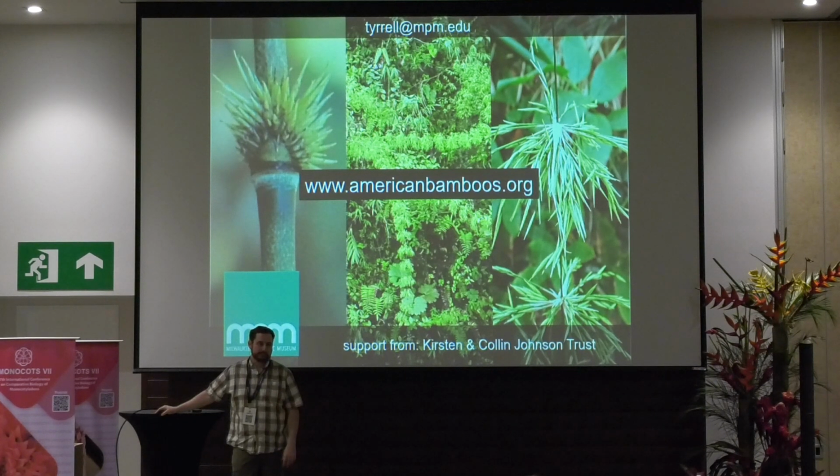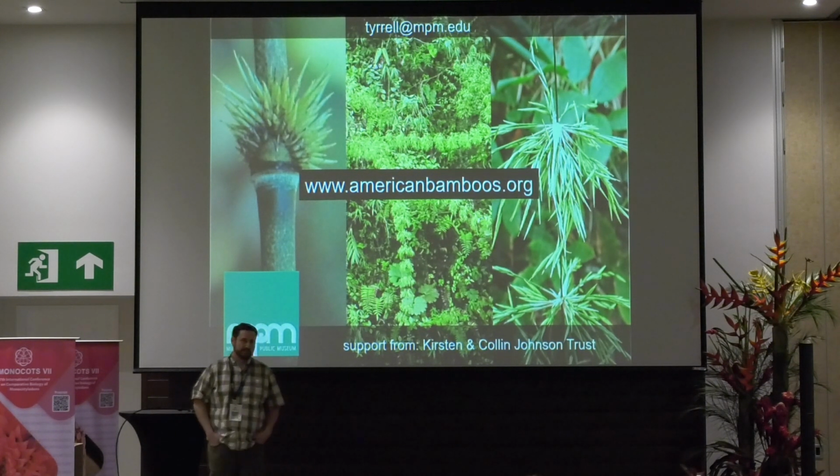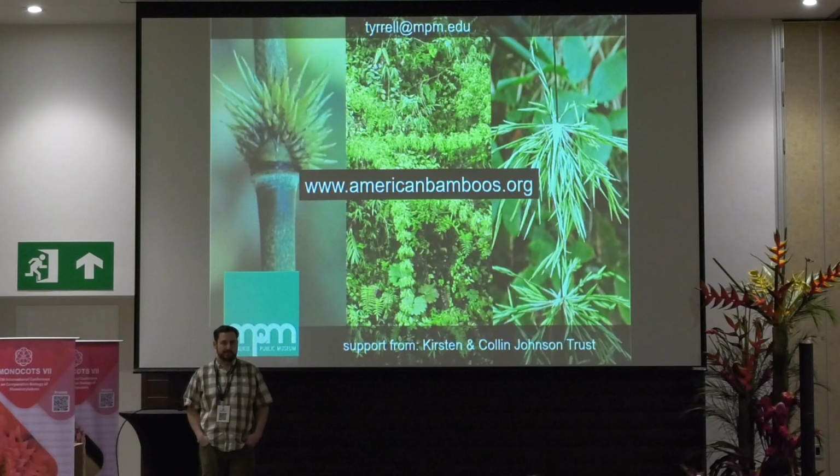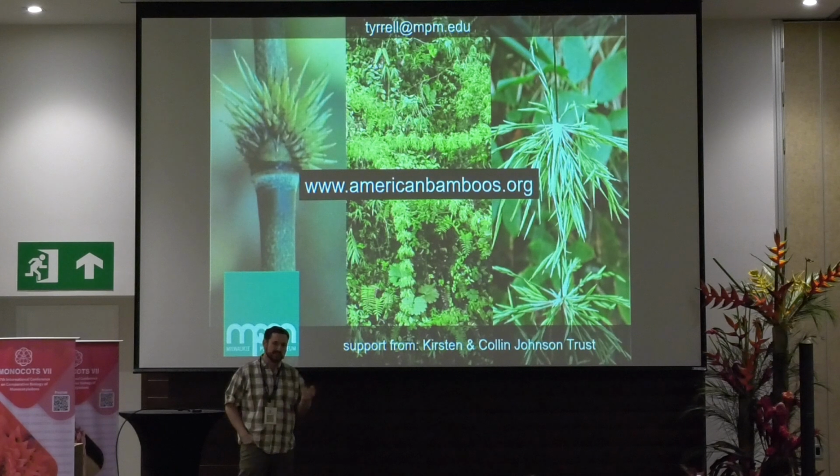Okay. I had a follow-up question as well. What do you think would be the most useful characters for this sort of quantitative work? I envision this as vegetative characters, because when it's in flower, I'm happy, because then I can really tell what it is.